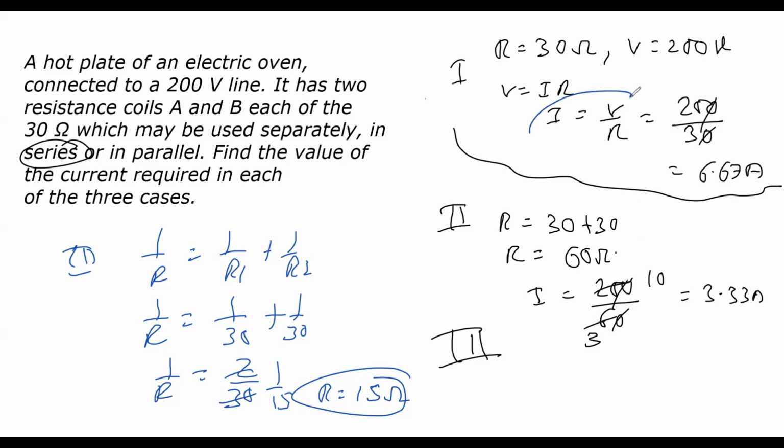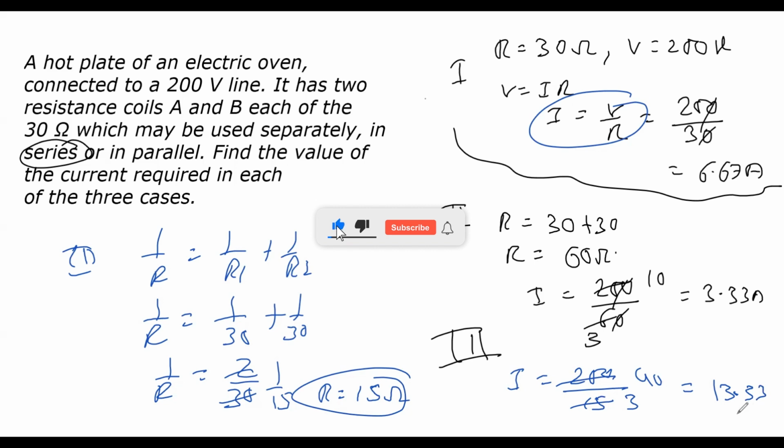We'll be calculating I, and that is I is equal to V over R, V which is 200, divided by R which is 15. We can reduce by 5, that gives 40 over 3, and 40 divided by 3 is 13.33 ampere. This much is the answer for the third case.